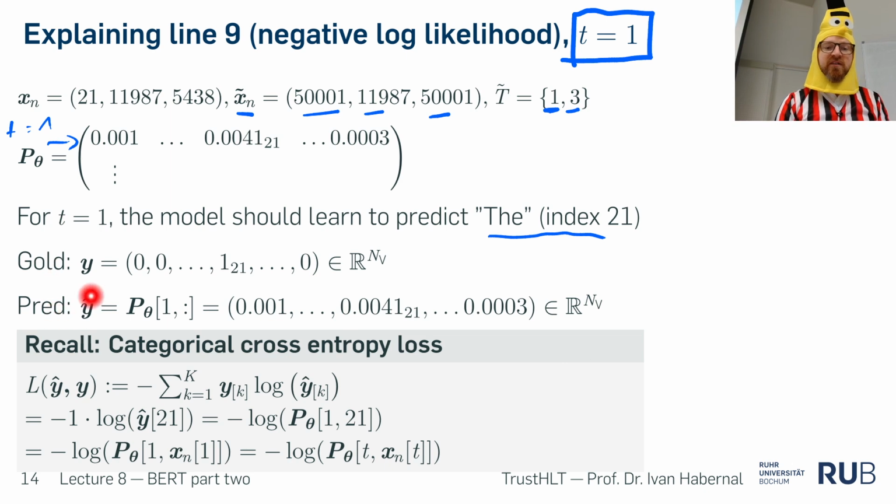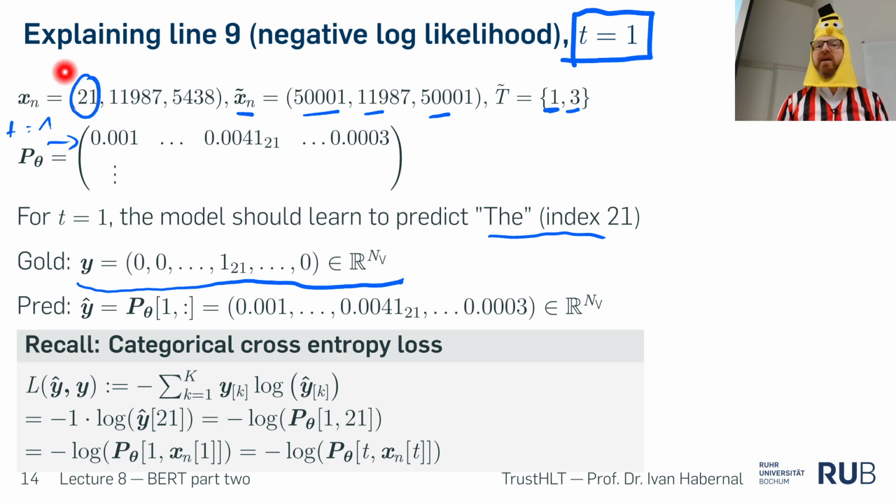And what is the gold standard for this? If you do any sort of loss, you need to compare the output of the network with some gold standard label. The gold standard label for this example is basically a one-hot encoding, which means at position 21, which corresponds to the index of cat, there is 1 and everything else is 0. Does it make sense?